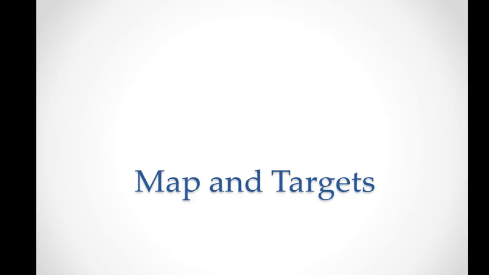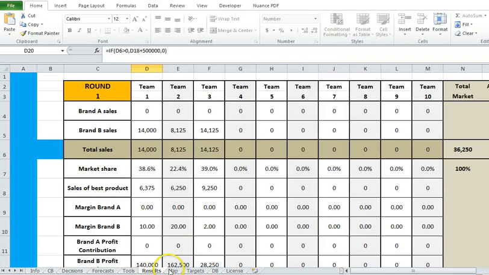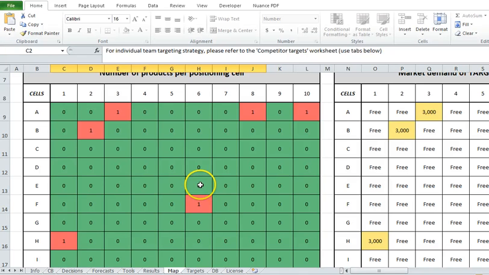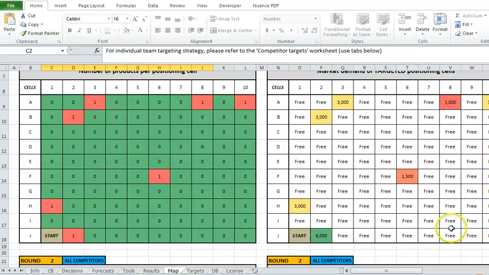The last part of the spreadsheet is probably the simplest to understand. It's our overall competitive map and our individual competitive targets. So let's have a look at that now. So these sit here. This is the map. For each round we can see where the bulk of the market is. I'll just make that a little bit smaller so it's a bit easier to see.